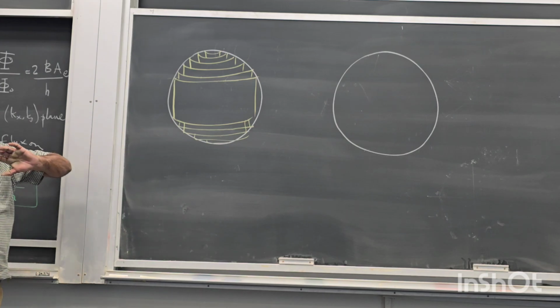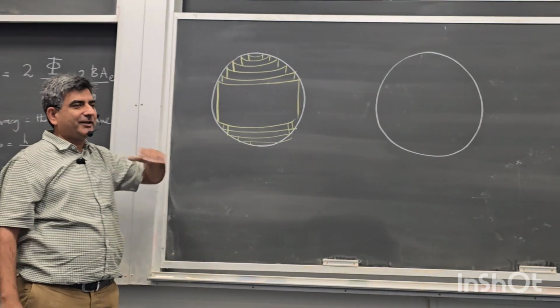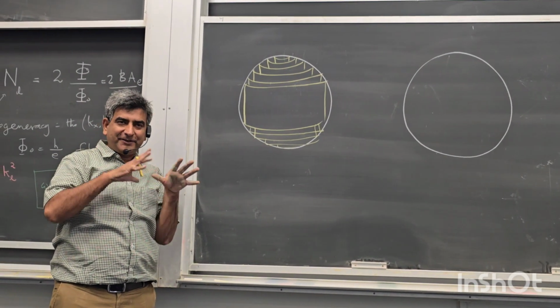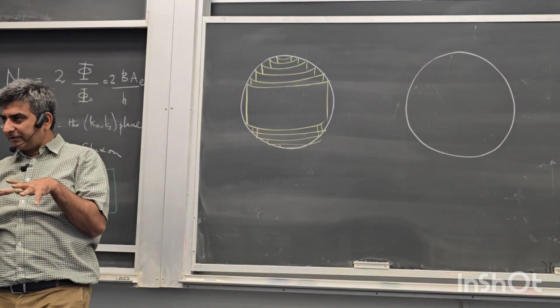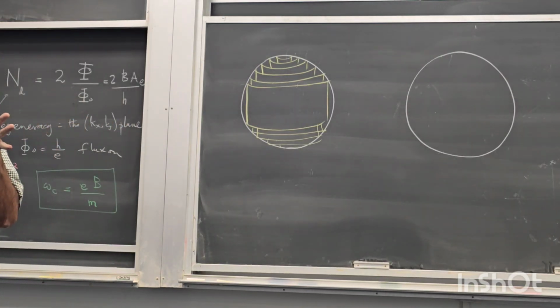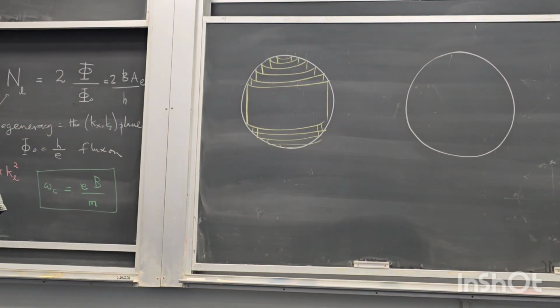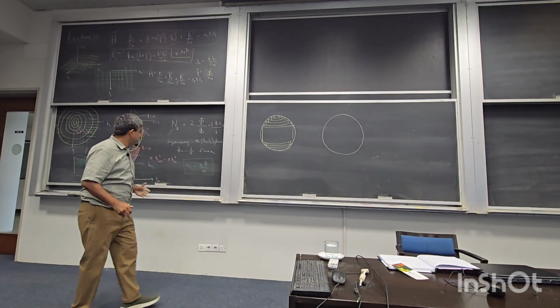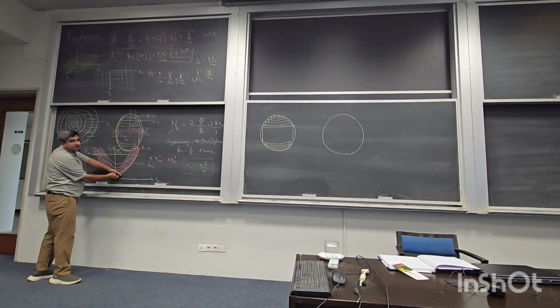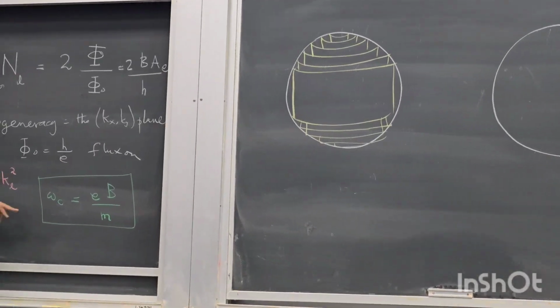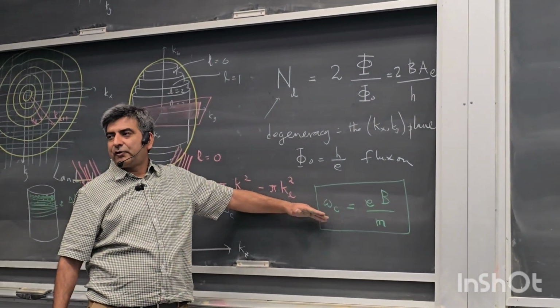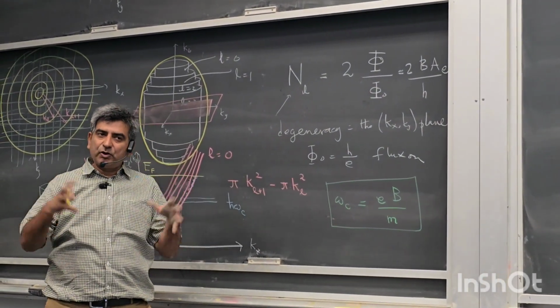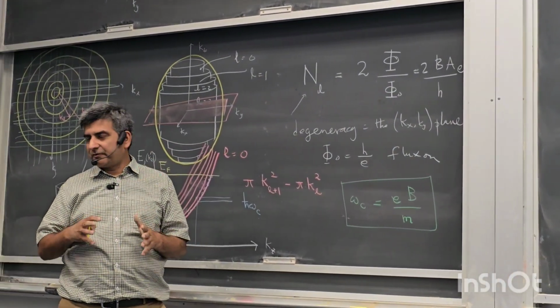Remember that for pedagogical purposes I'm drawing a very small number, a handful of tubes, but the number of tubes is really maybe in the tens of thousands. Now if I were to increase the magnetic field, the spacing between these levels goes up because omega c goes up. For higher magnetic fields, a smaller number of Landau tubes will fit into the Fermi sphere.